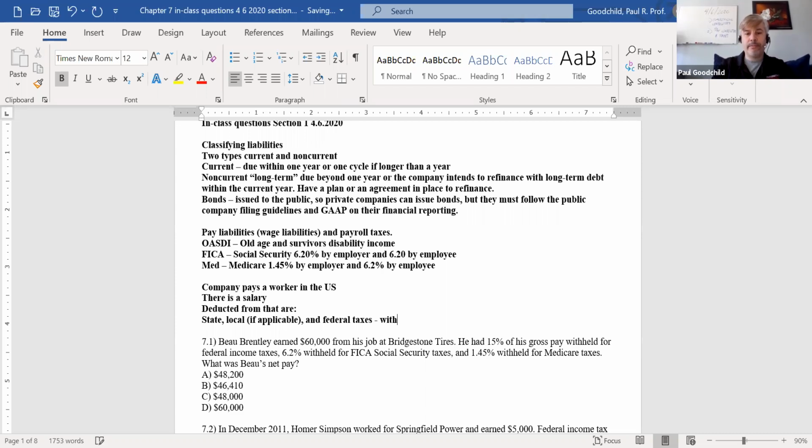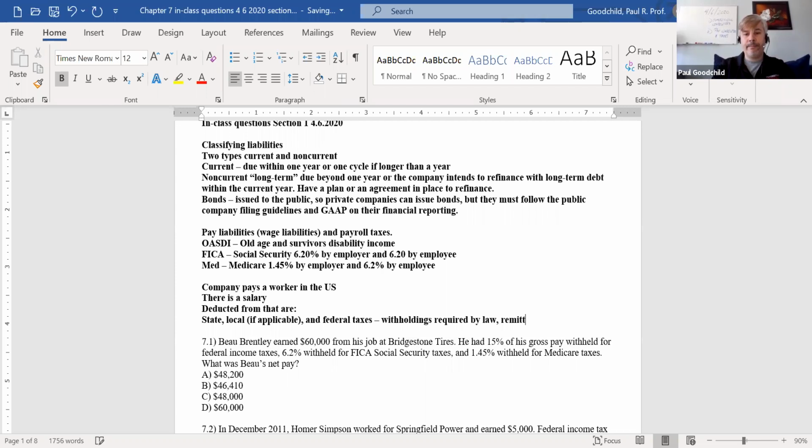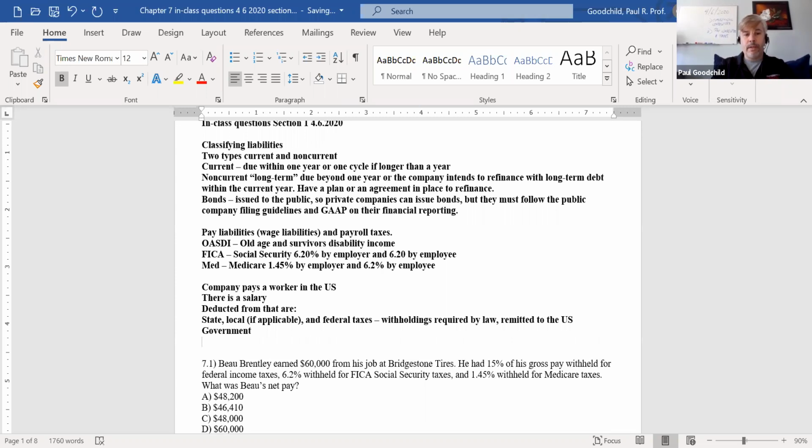These are withholdings required by law, and they get remitted to the US government. And then there's also FICA and Medicare withheld at 6.2% and 1.45% respectively, and submitted to the government.